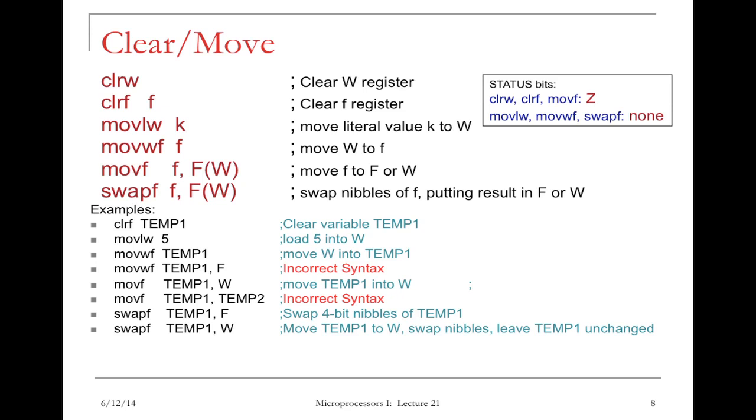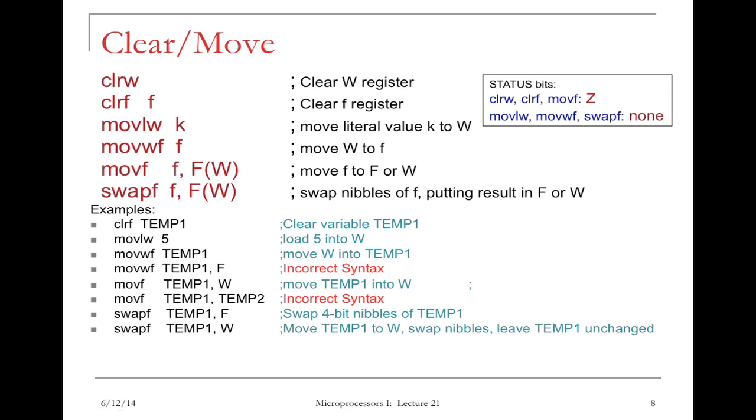Now we're going to look at the real instructions. We start from these clear and move instructions. The first instruction, CLRW. CLR, clear, W. These 4 letters are one opcode.